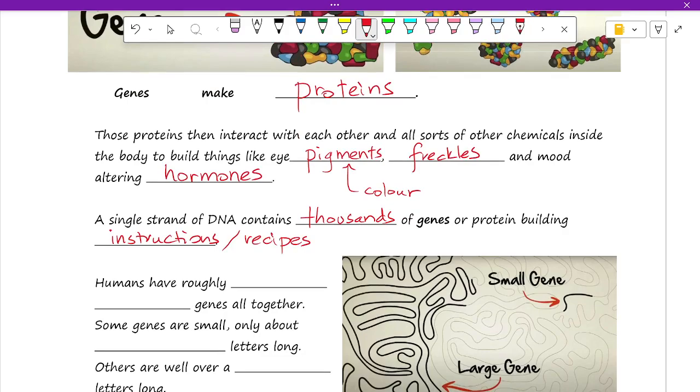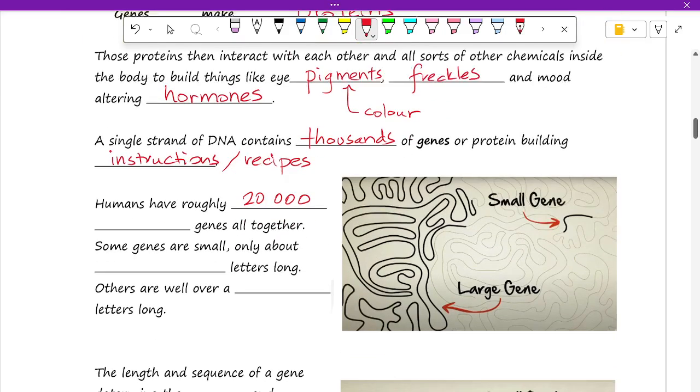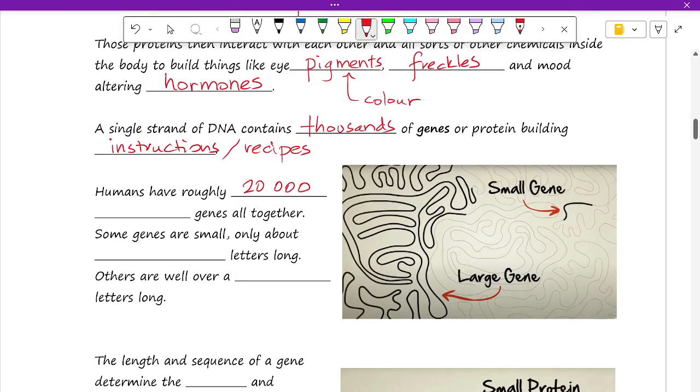Humans have roughly 20,000 genes altogether. Some genes are small, only 300 letters long, whereas others are over 1,000,000.